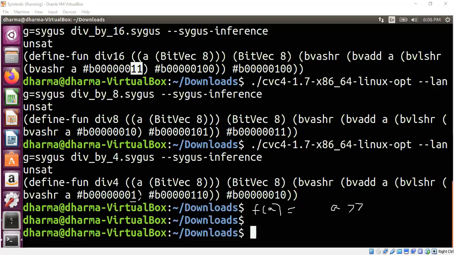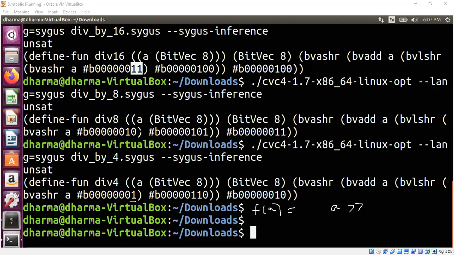For 8, it's just 2. That means we are dividing by 2 power 3, which is 8, but then we just take the power and subtract 1.